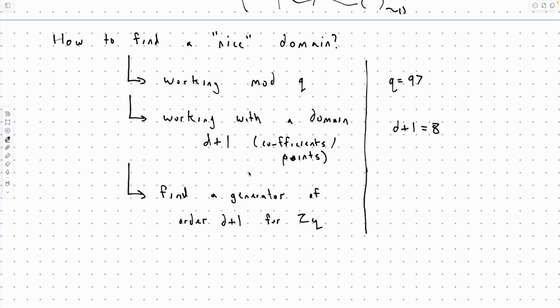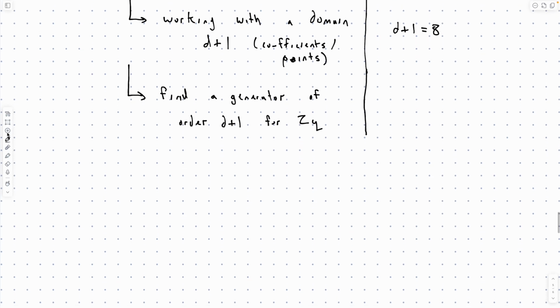Yep. Okay. So what I'm going to do is I'm going to find a generator. I'm going to give it a name. Normally, the letter that we use for a generator is g. Because this is a generator that has other purposes, we're going to call it omega. It's just what's standard in the literature for this specific kind of generator.